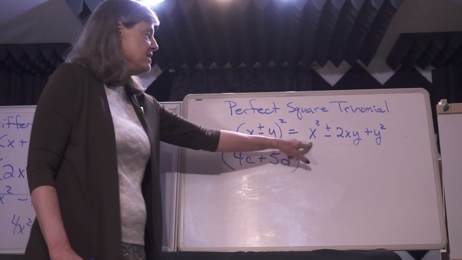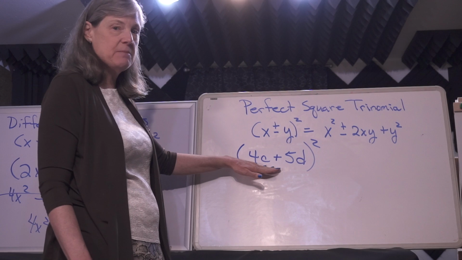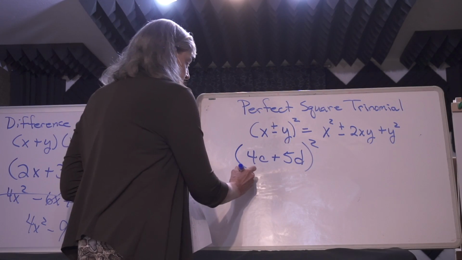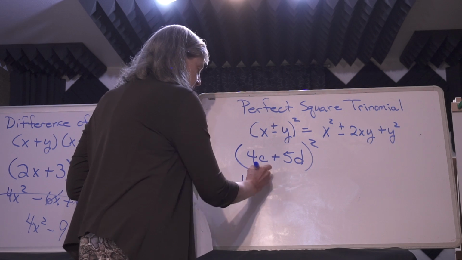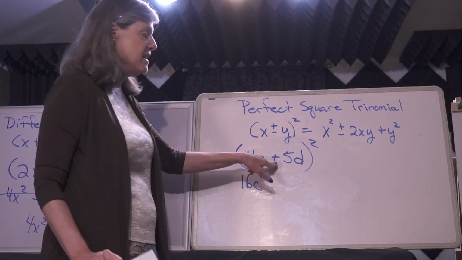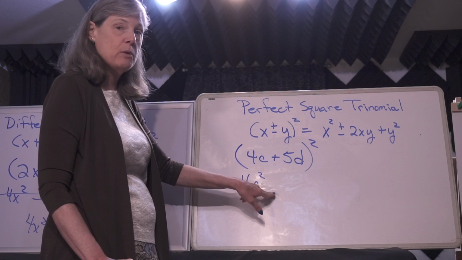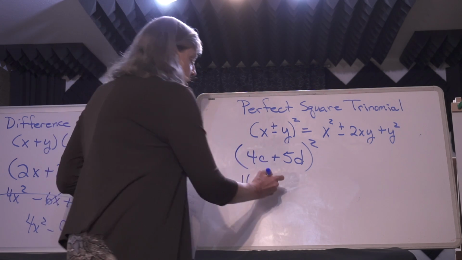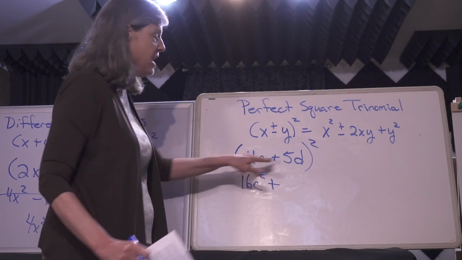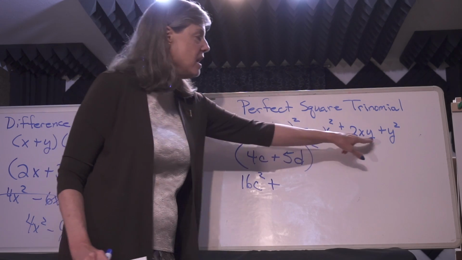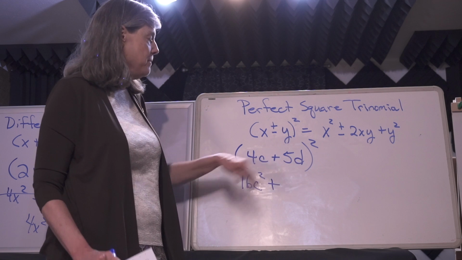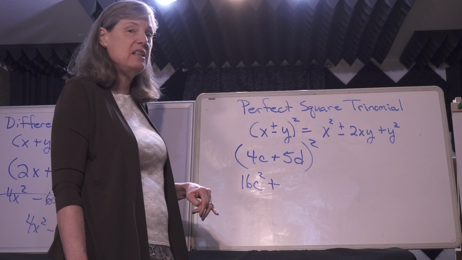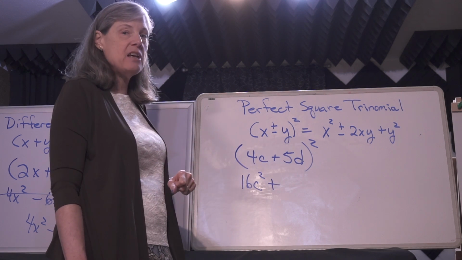So I take the first one, 4c is my x, so I square that. 4c squared is 16c squared. Then this is positive, so this sign will be positive. Again, whatever this sign is is what goes first. Then I'm going to take these two, x times y, multiply them up. So 4c times 5d is 20cd. And then multiply that times 2.